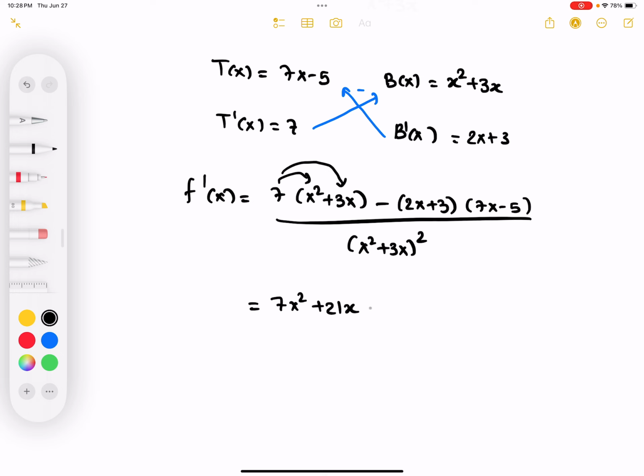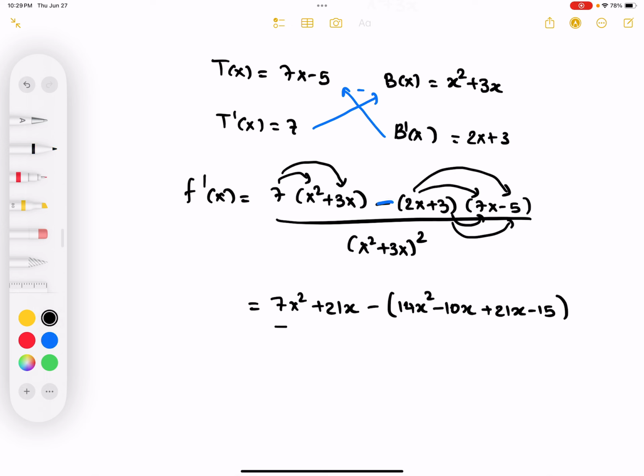Remember, this is minus, so this times this one is 14x squared, right? This one multiplied by this one is minus 10x. This one multiplied by this one is plus 21x. And this one multiplied by this one is minus 15. Remember the negative one. Don't forget this is negative.